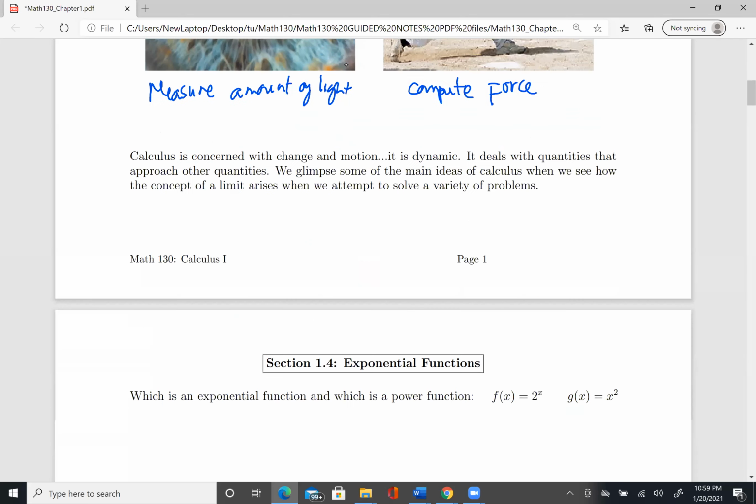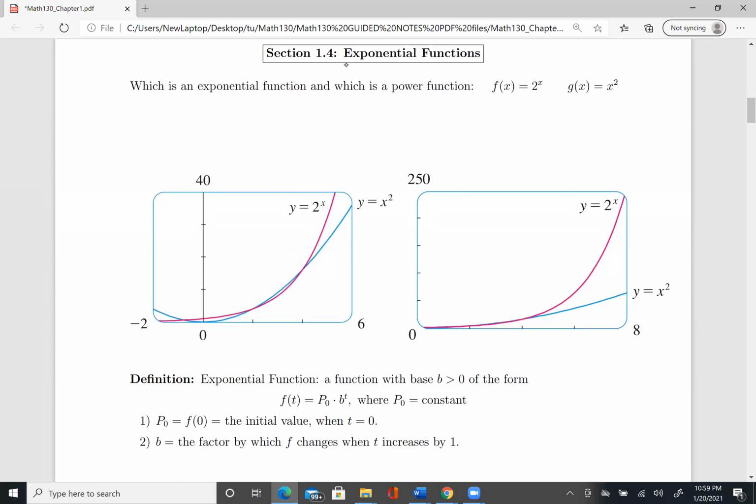So let's start with section 1.4, which is talking about the exponential function. What is an exponential function, and which is a power function? How can you recognize them? For f of x equals b to the power x, that's the form of an exponential function.